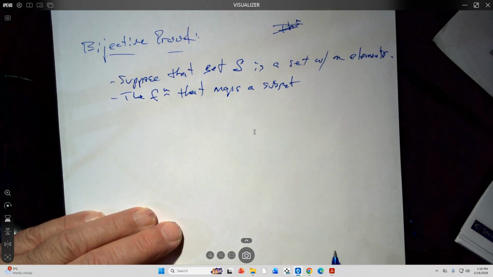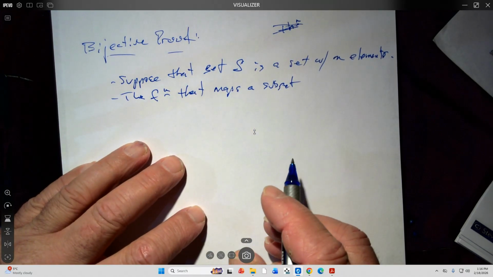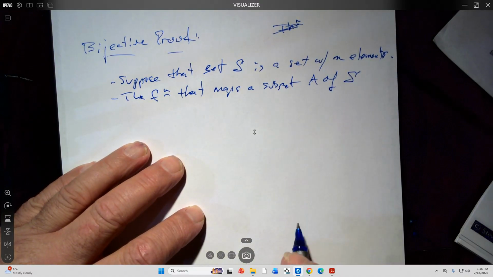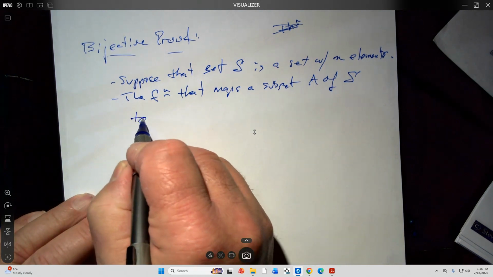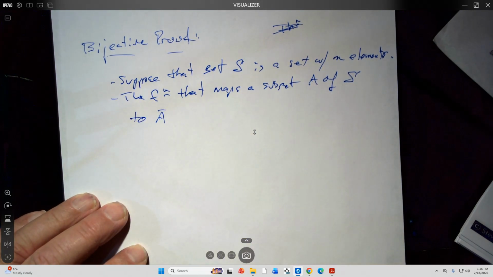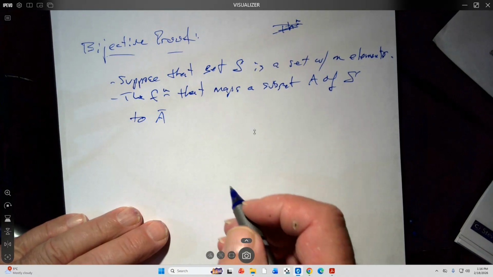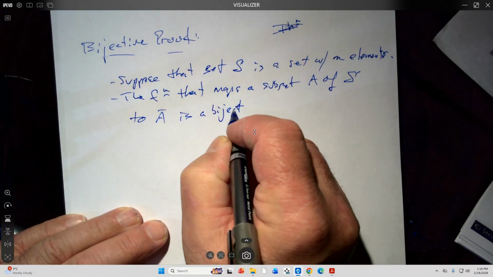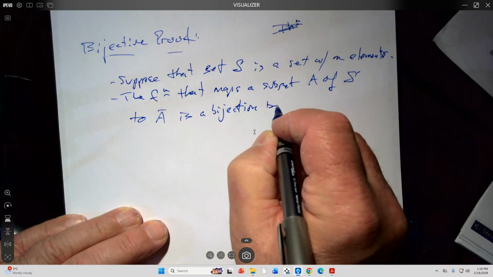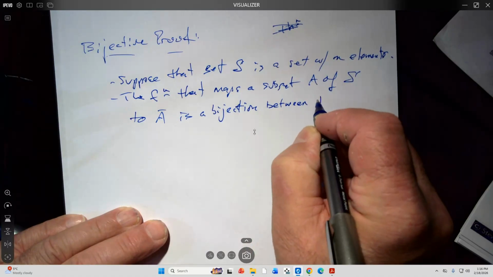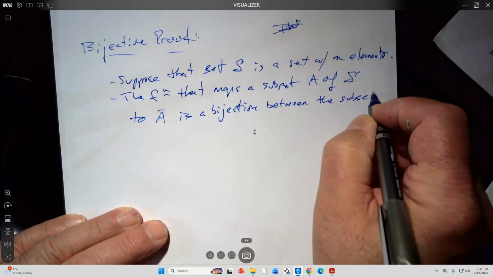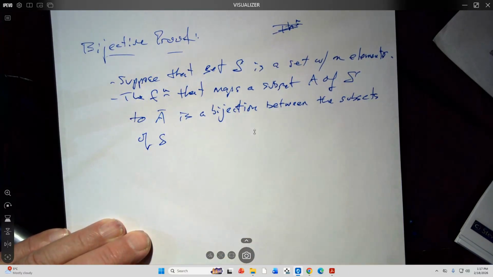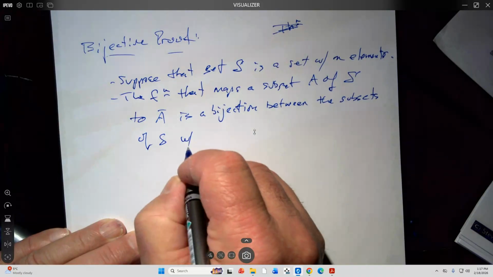Okay, so the function that maps a subset A of S to its complement, that means the complement of the set, is a bijection between the subsets of S with r elements.